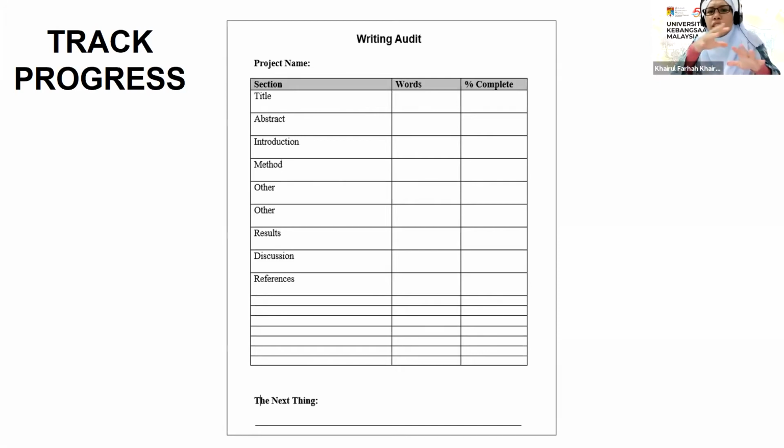So this is just an example of a table that you can use to check how much you have done. It's not just about writing, you can also track reading progress. Are you reading one article per day? Is one article enough? Are you reading 10 articles per week? Is 10 enough? Because if you're doing a PhD, 10 per week is not enough. You have to read actually 10 articles in a day.